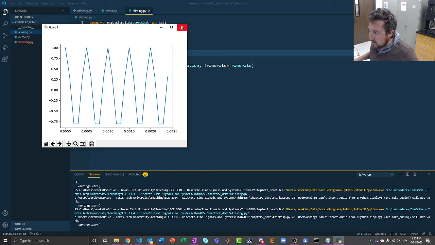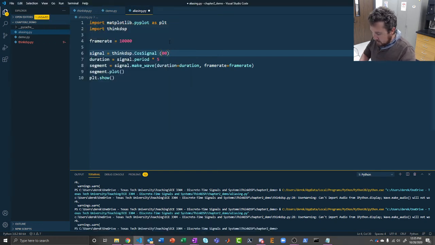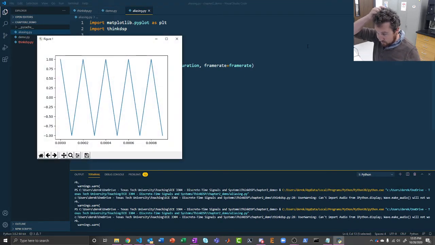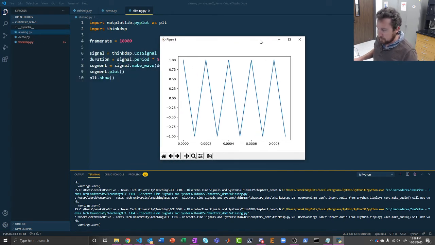Now what happens is if I go all the way to 5000 hertz, which is half of our frame rate, half of our sample rate, here's what we're going to get. We basically get a triangle wave again, right? Because all we're getting is just the tops and bottoms of the cosine signal. But really, we're only sampling just there and there and there and there.